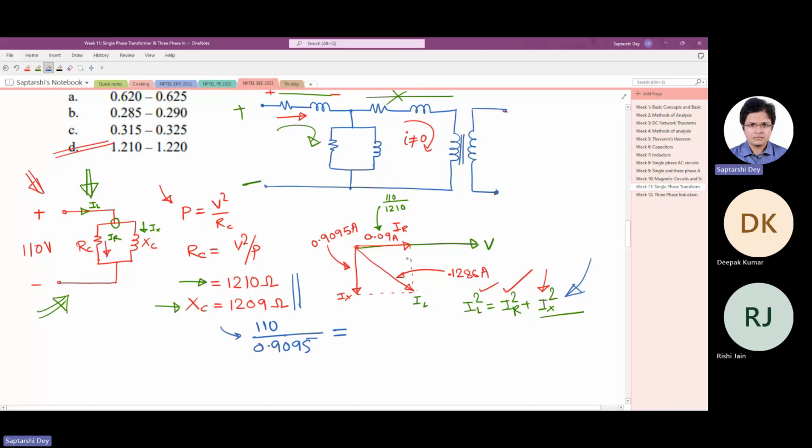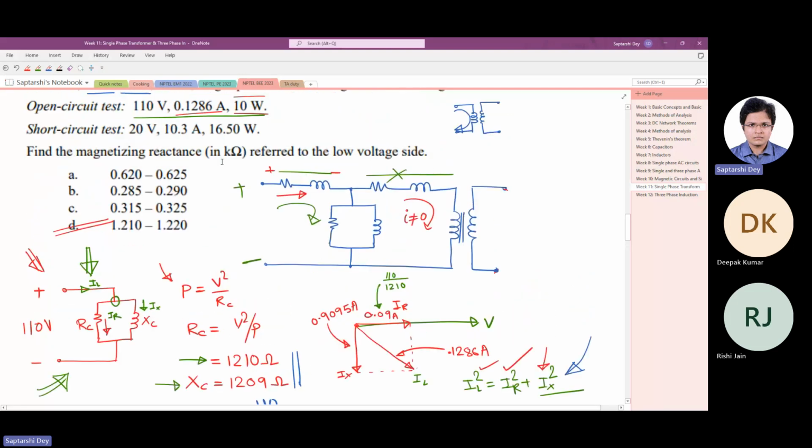Okay, wait. I think I have put the decimal at the wrong place. It is 0.09, it is correct.